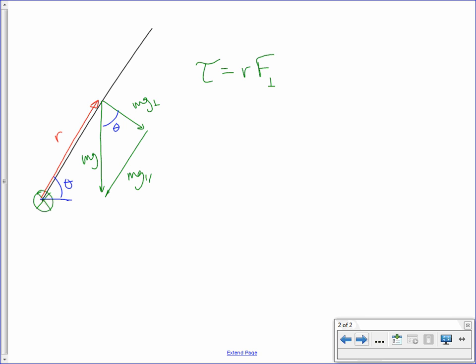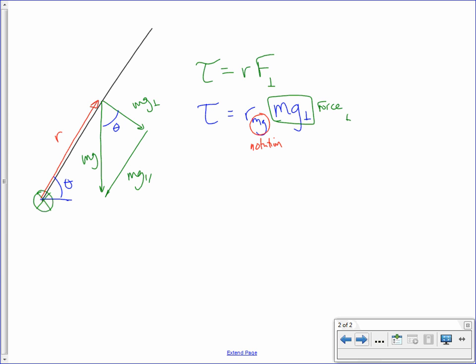The big thing people will goof up here is they'll write r to mg times mg perpendicular. Just make sure you know that this is just a subscript, that's just notation. And this is the force, really the perpendicular component of the force.